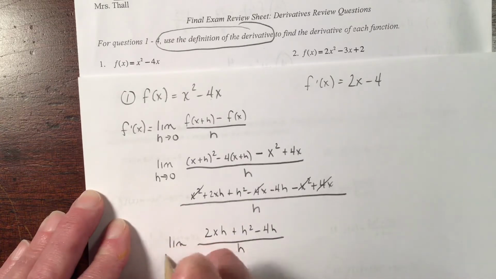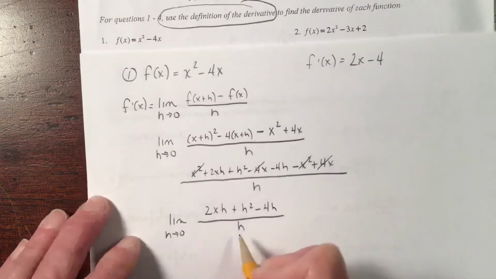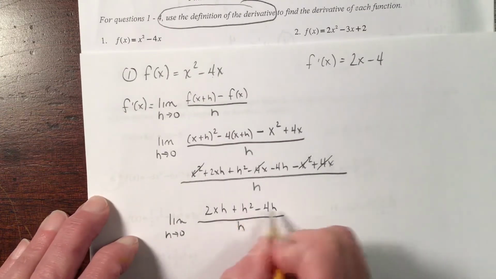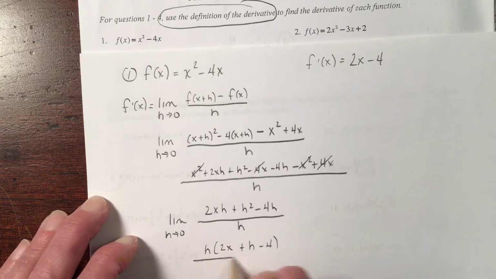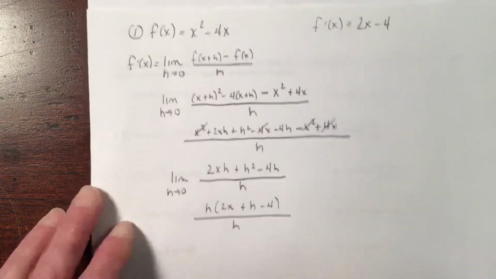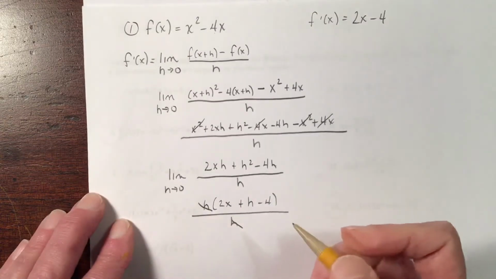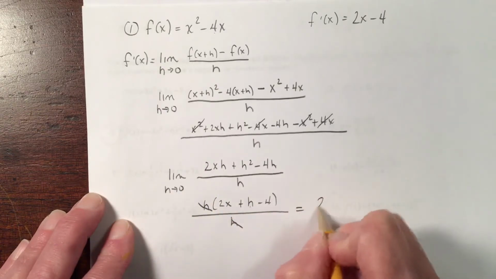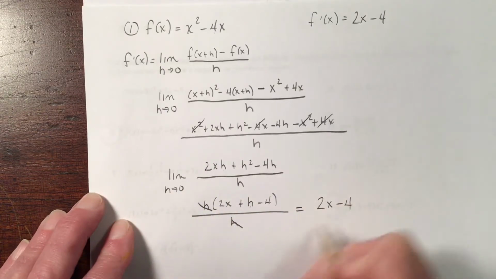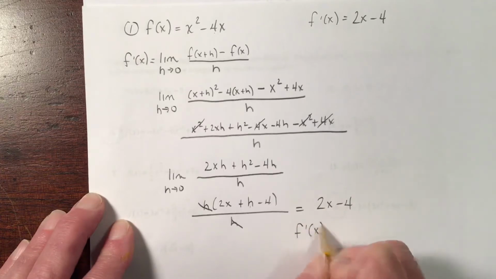Remember, we're evaluating this limit. I still have to go through and do one more thing before I can plug in, factoring out an h: h times 2x plus h minus 4. Your h's cancel. Now when I plug 0 in for h, I get 2x minus 4.